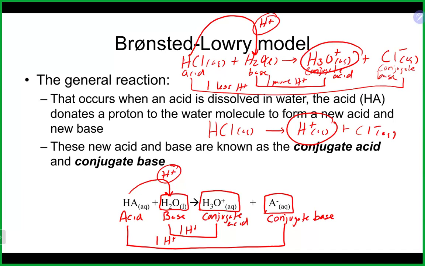If you don't include the H2O, you won't get the H3O plus. So H3O plus and H plus are interchangeable. They represent that acid releasing the H plus or the H3O plus into that solution and being an acid. In this case, you wouldn't see both the acid and base here. You just see your acid and your conjugate base and your conjugate acid on the other side.